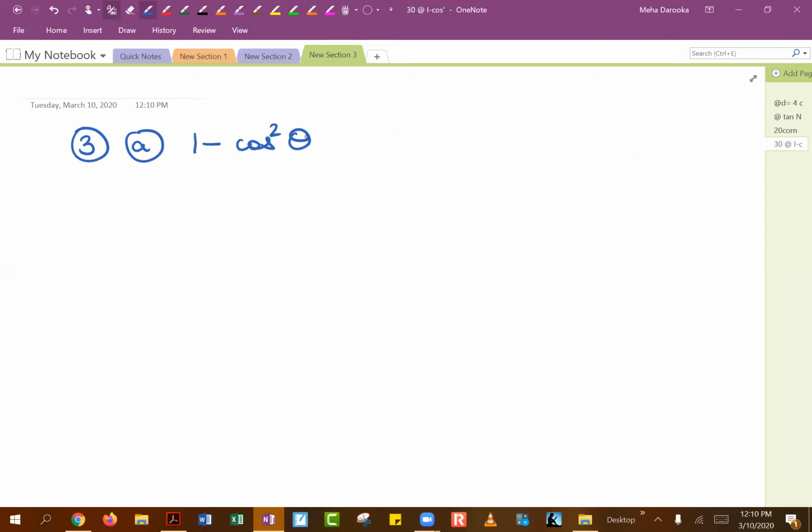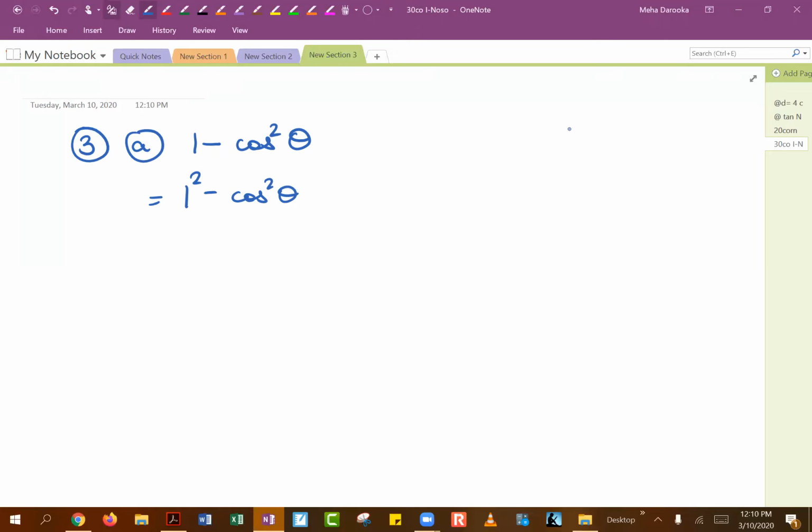So our first one is 1 minus cosine squared theta. Same thing like I showed you in example 3, you can write that 1 as 1 squared, because 1 is the only number you can put to any exponent and still get the answer 1. So 1 times 1 is still 1.